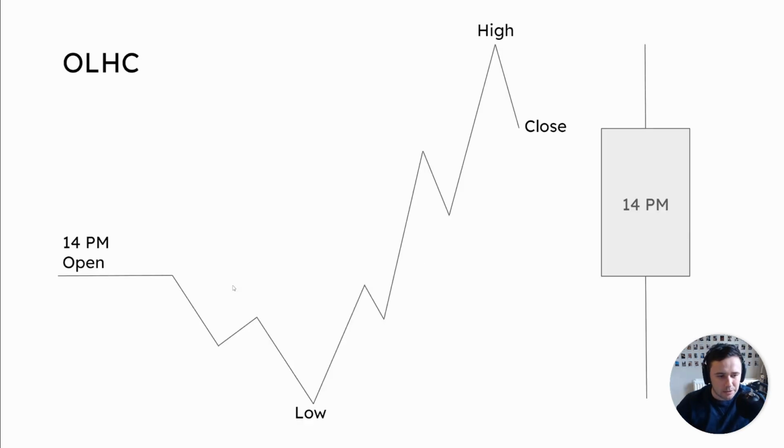And now last but not least, the bullish scenario for the 2 PM candle. We are opening up, we are manipulating down, creating the low of the candle. This is the expansion that we want to position ourselves in. We create the high of the candle right over here, and eventually we are going to retrace and close off the body of the candle.